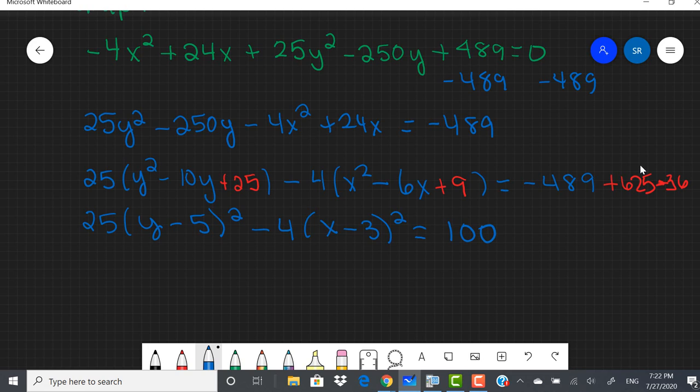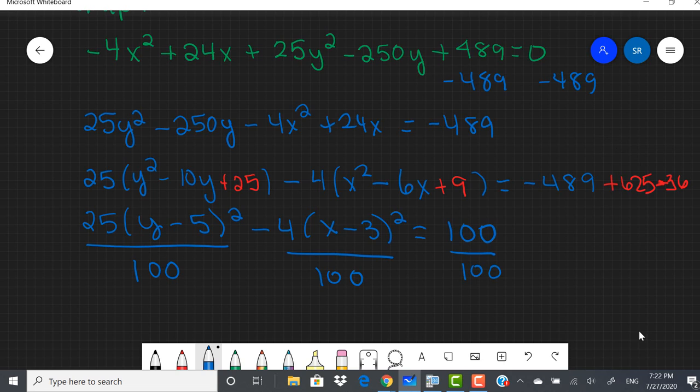Let me show you. We need a 1 on the right-hand side. So what we do on the left, we have to do on the right. So we're going to divide by 100 here.